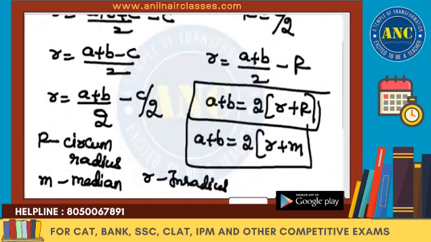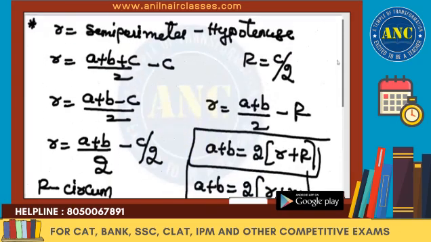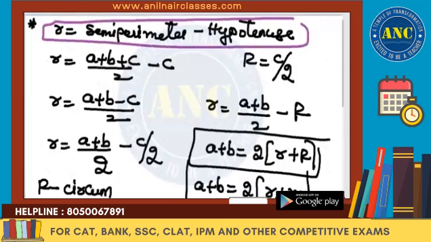In a right angled triangle, one angle is 90 degrees, and the side opposite to 90 degrees is the hypotenuse, which is the largest side. Hypotenuse can be calculated using the Pythagorean theorem, c squared equals a squared plus b squared. In a right angled triangle, circumradius is half of the hypotenuse, circumradius and median are the same, and inradius is given by semi-perimeter minus hypotenuse.